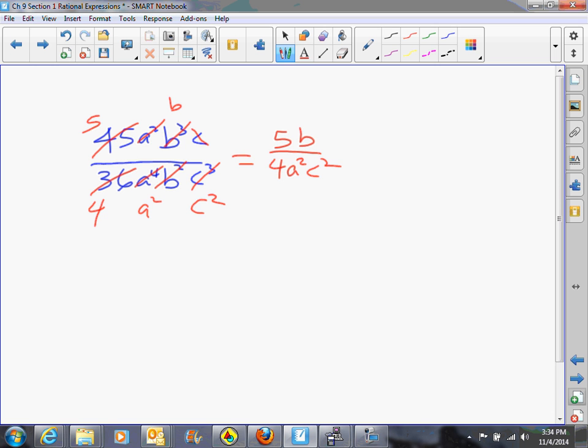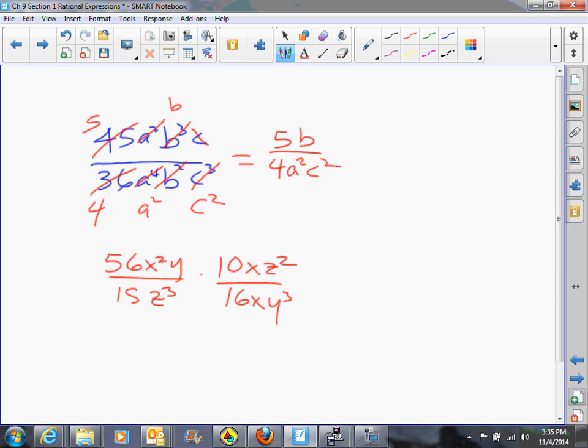All right, so now when you're dealing with monomials, it's pretty much that easy. Now, if you're multiplying and the rational expressions just contain monomials, you can do pretty much the same thing, and you can cross cancel. For example, 56x squared y over 15z cubed times 10xz squared over 16xy cubed.